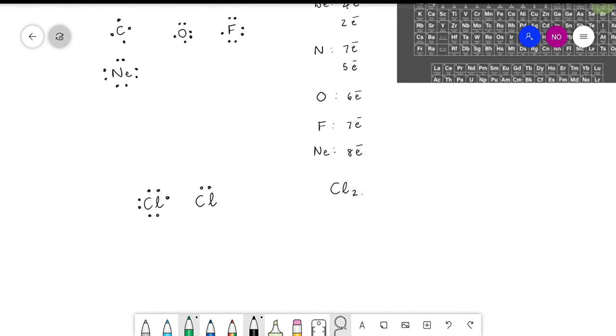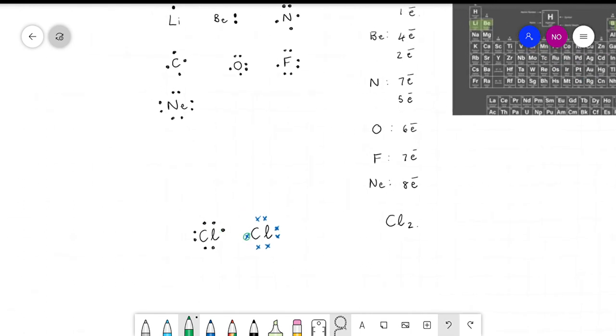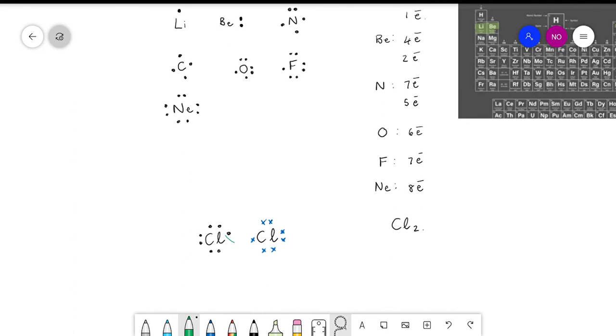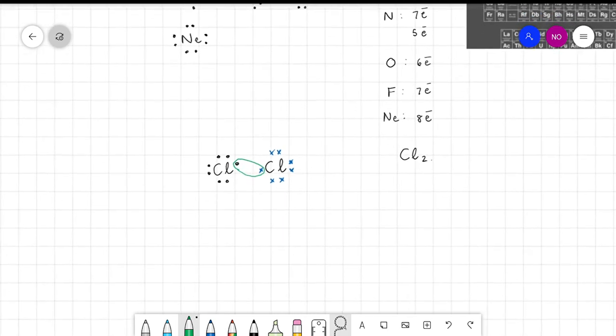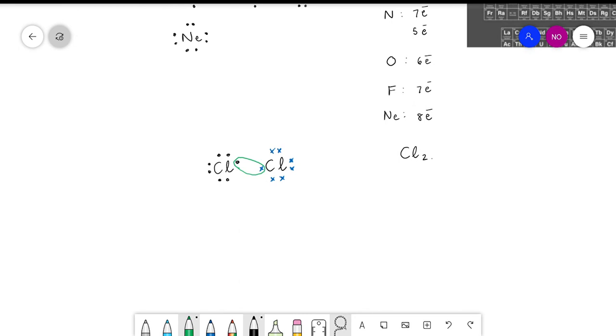1, 2, kom ek maak syne met kruisies. 1, 2, 3, 4, 5, 6, 7. And then what's going to happen is this electron here and this electron here is going to overlap, and they are going to share those electrons, meaning that I must push these two together.